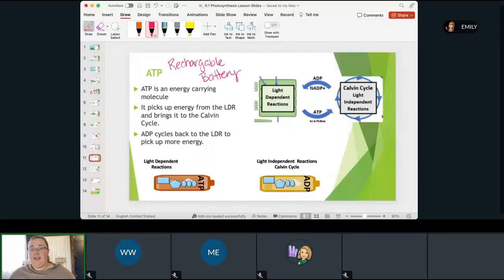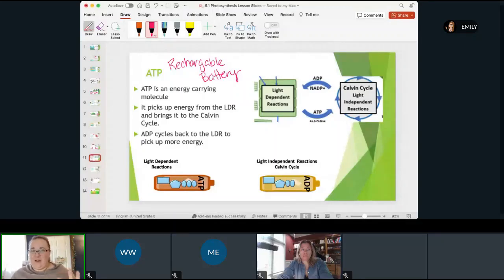Okay? It is a fancy battery, okay? It's one of those fancy rechargeable batteries, okay? And its plug-in station where it gets full again, where it recharges, is the light-dependent reaction, okay? So ATP is your full battery, and ADP is your empty battery, okay?